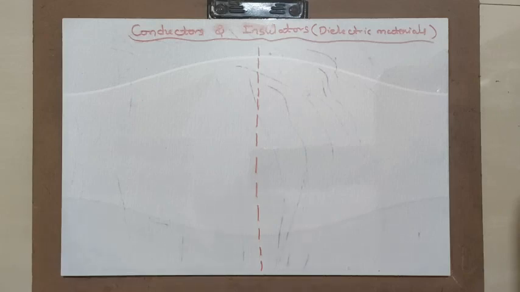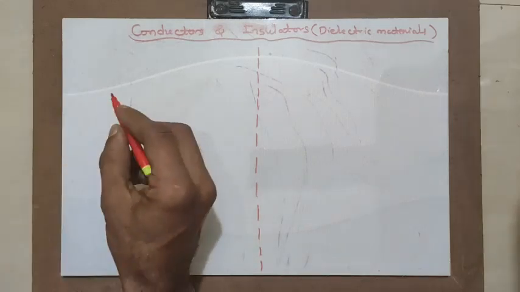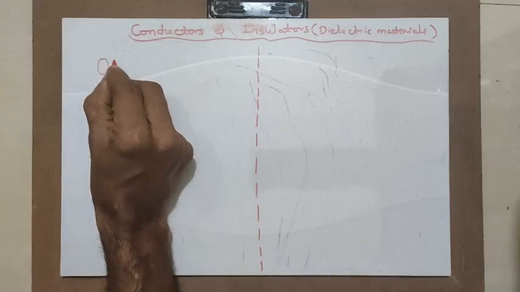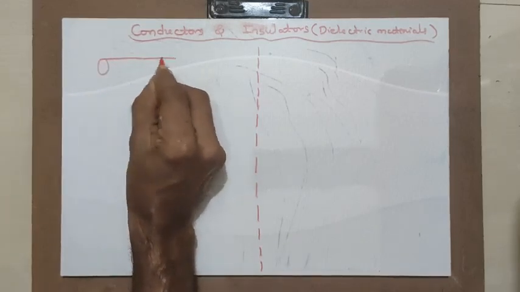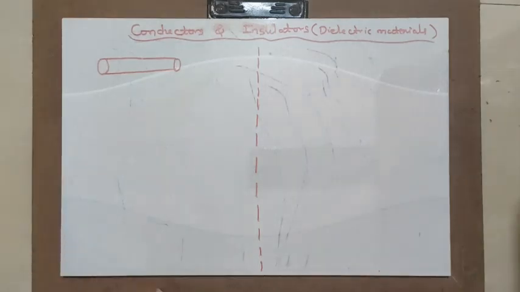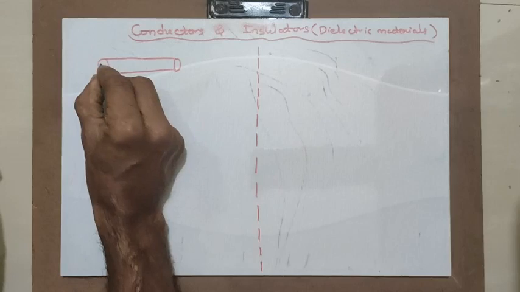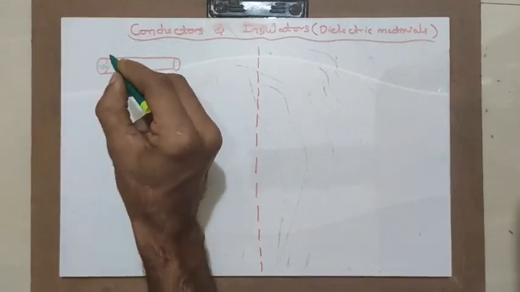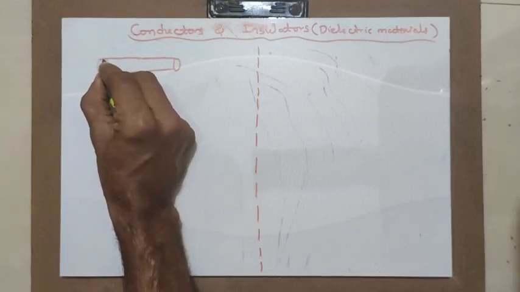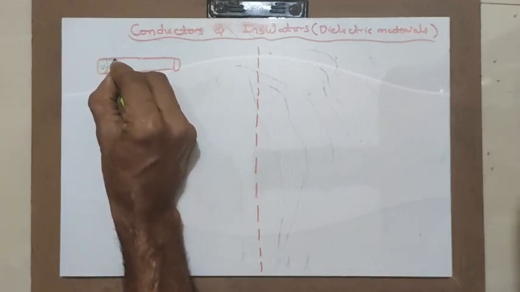Let us see that. Suppose I take a conductor here like this. This is a conductor of length L. Under static conditions, when some electrons are present at the interior, what happens is these electrons move till they reach the surface.